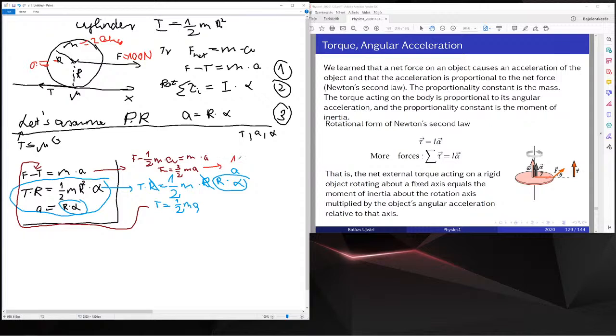Means 100 equals 3 over 2 times 20 times a, that will be, I think, 3.3.